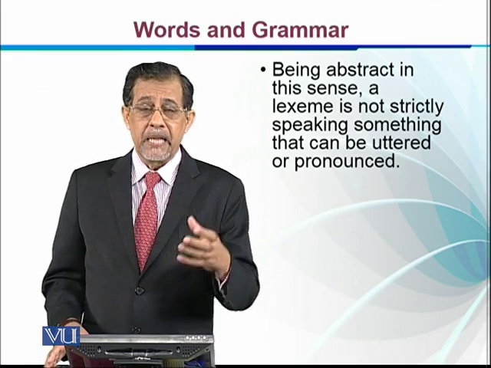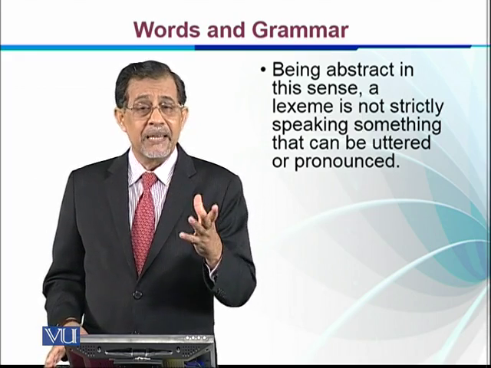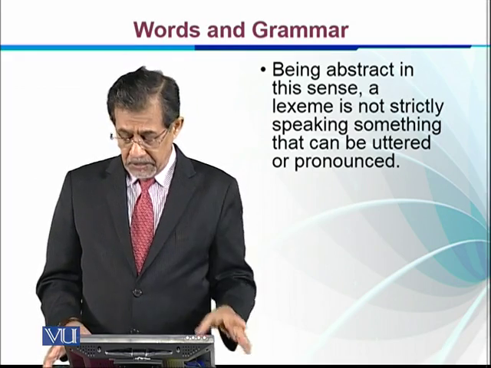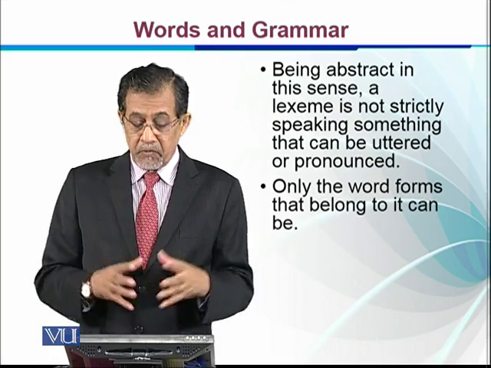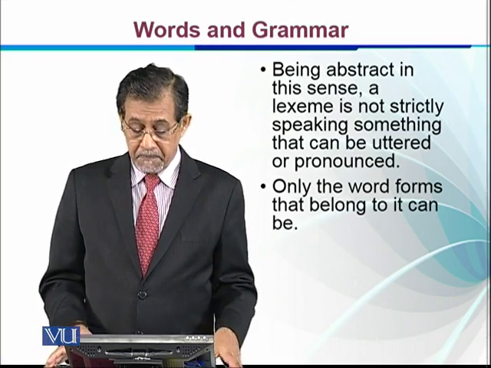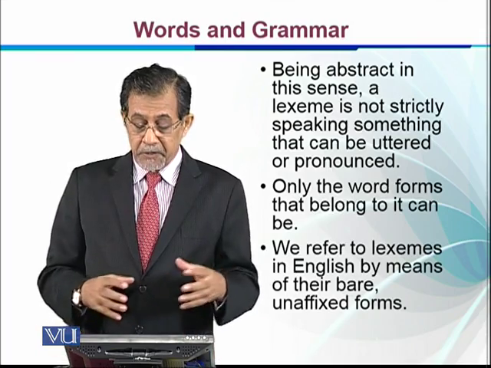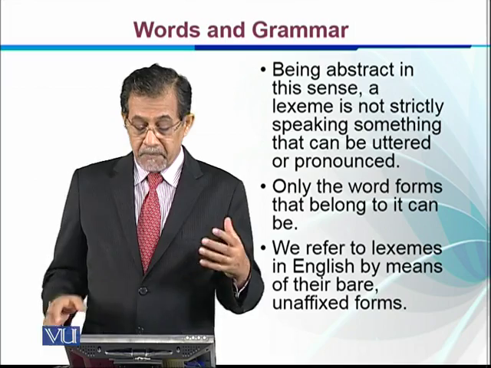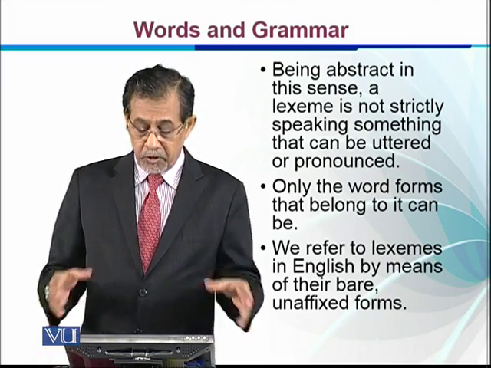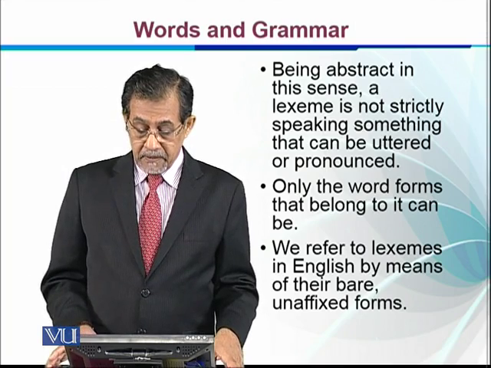We can pronounce a word but not a lexeme, because a lexeme is an abstract entity. Only the word forms that belong to it can be pronounced. We refer to lexemes in English by means of their bare unaffixed form. They do not have any affixes.